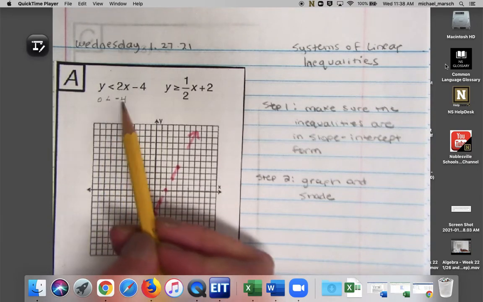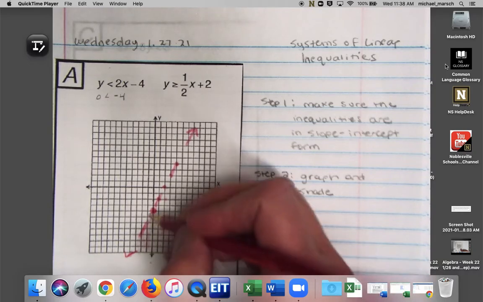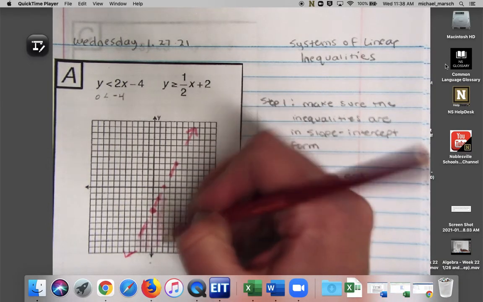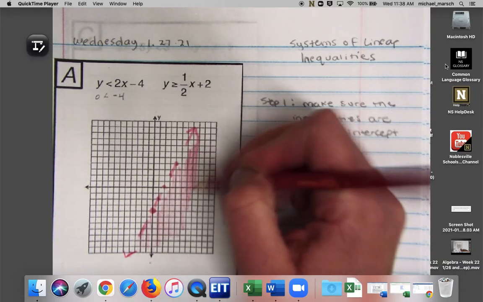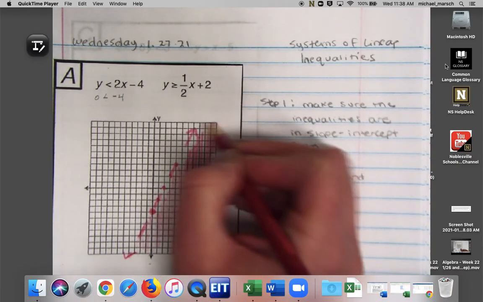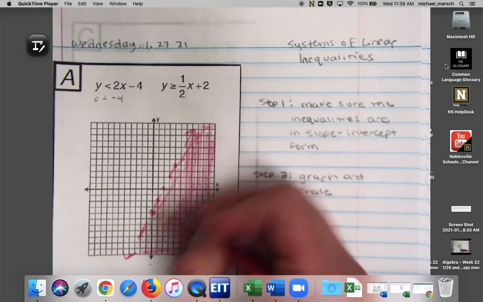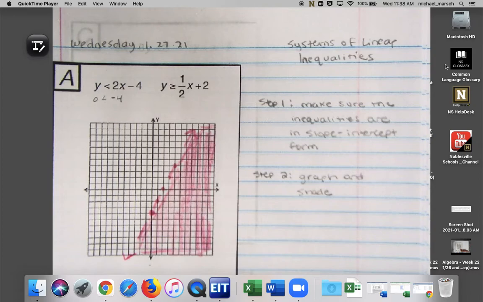So is 0 less than -4? Nope. So I'm going to shade away from that with my red pencil. Okay.